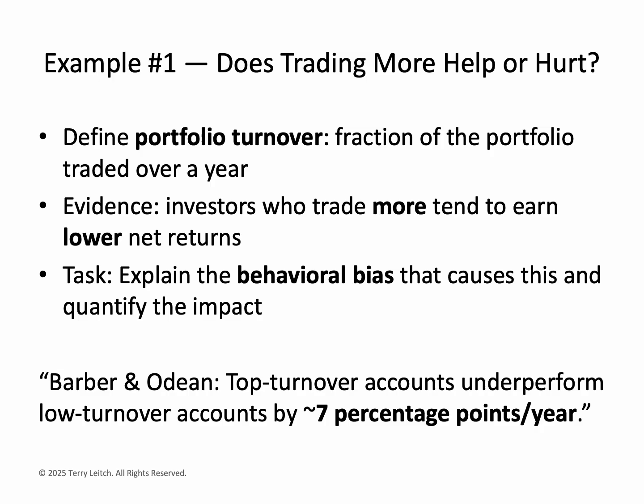So in terms of the turnover in the study, they found that the low turnover accounts exceeded the returns of the high turnover accounts by 7 points a year. That's a lot. That's an SMB return.